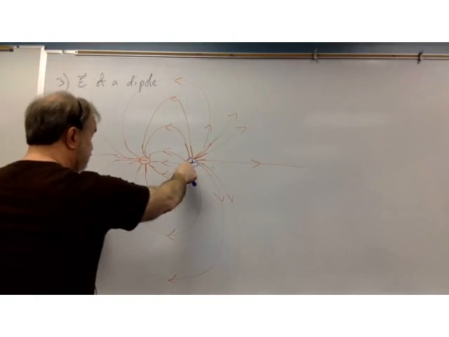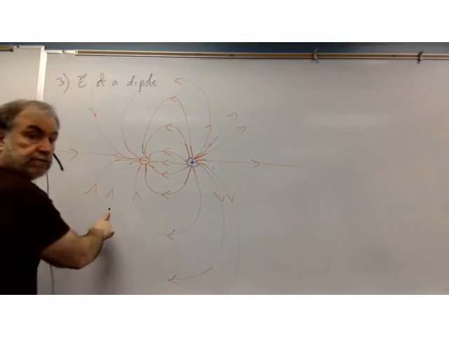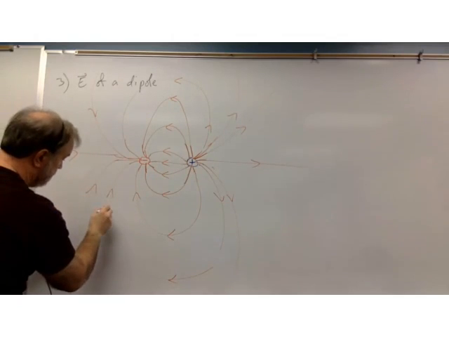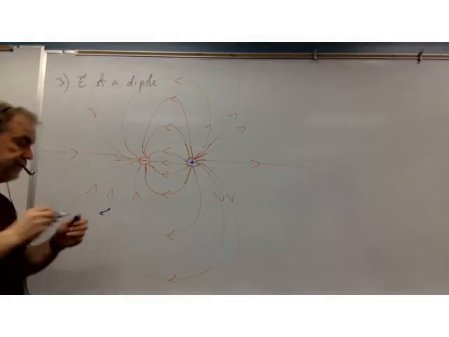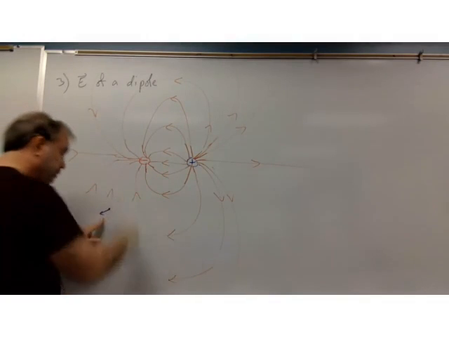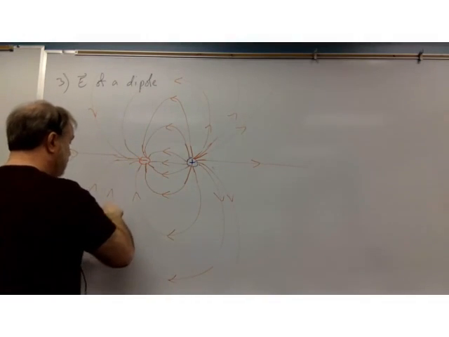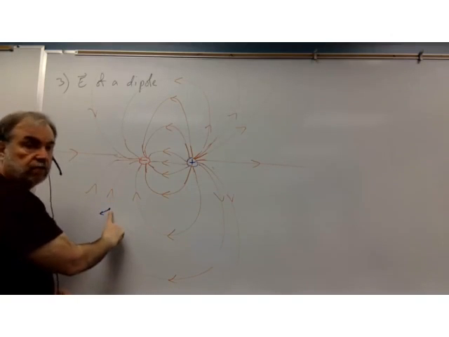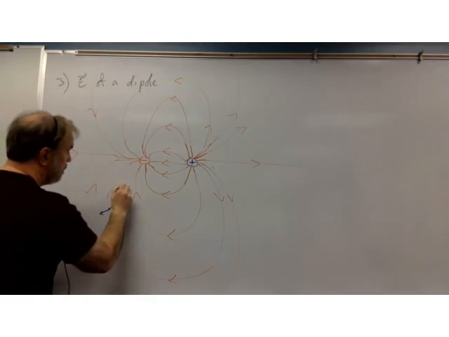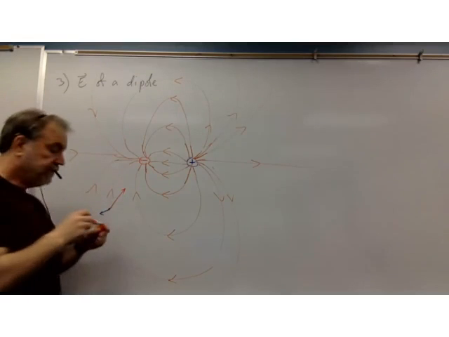At this point in space, we are very far away from the positive charge, so a positive test charge placed right here would feel a very weak repulsive force, and therefore the field at this location is very weak and pointing away from the positive charge. Meanwhile, a positive charge placed here would feel a strong, or at least comparatively strong, force that way, and therefore the negative field points that way.